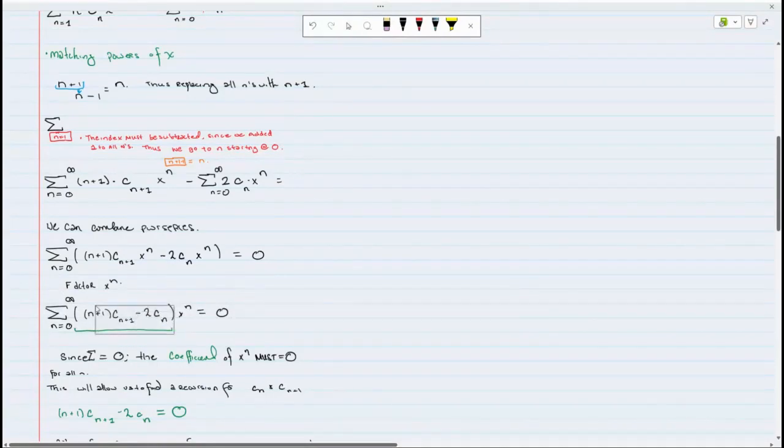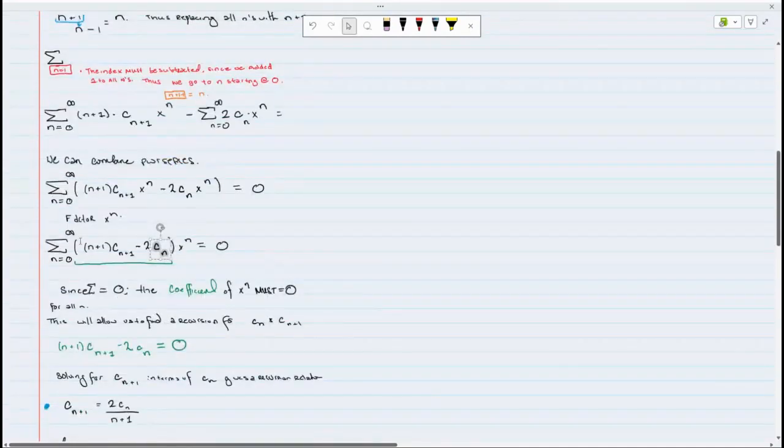And we can notice that this coefficient is going to have to be 0 for this sum because the right-hand side is 0. And so we can go ahead and find a relationship between this constant with the next term and a relationship between the current term of the constant.